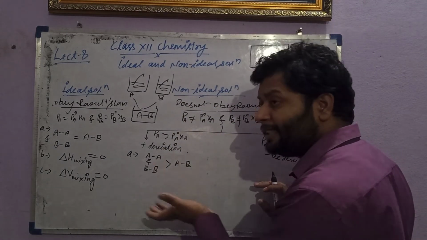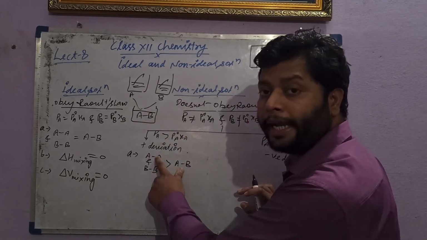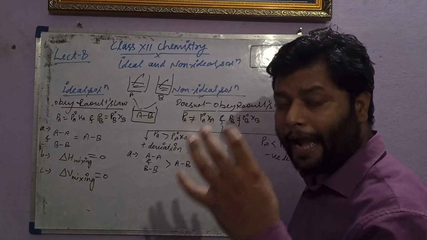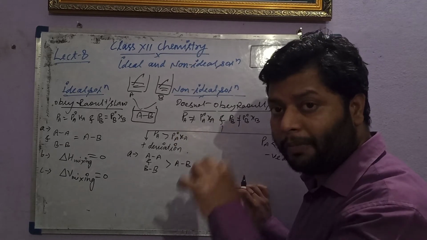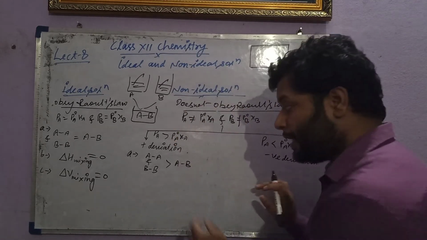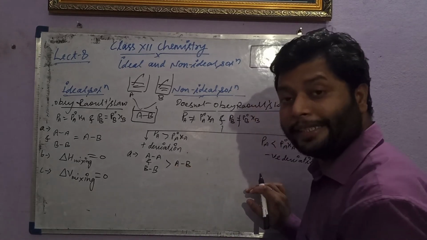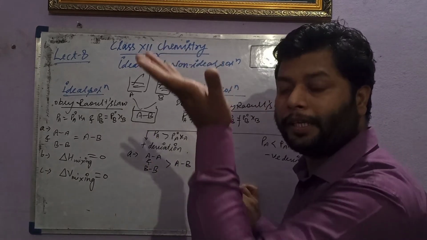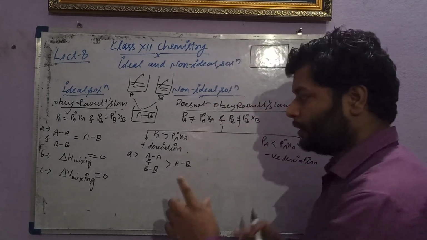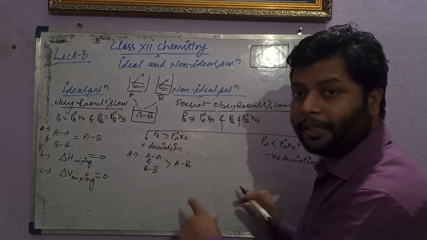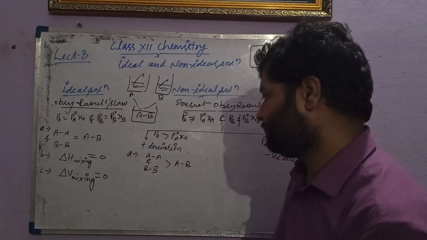There is nobody to stop them. Who will stop A? B. And who will stop B? A. In the solution, the A molecule is dragged by B and the B molecule is dragged by A, but the force of attraction between them is smaller. So the molecules easily evaporate. Then there will be greater pressure over the solution. The observed pressure will be greater than the expected pressure from Raoult's law.